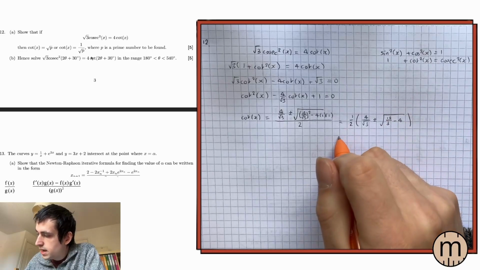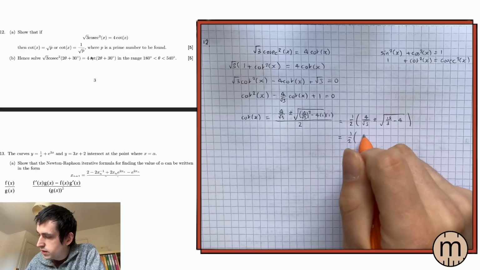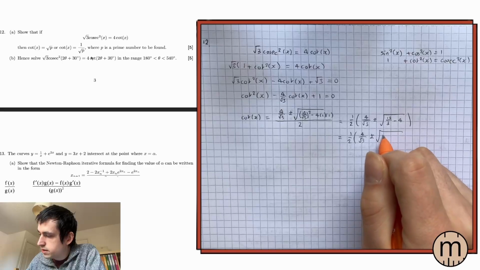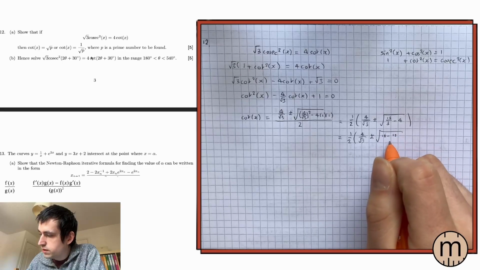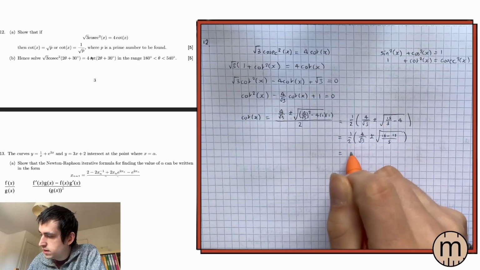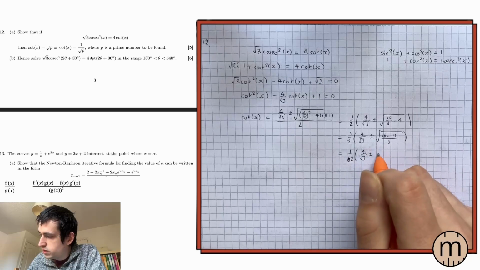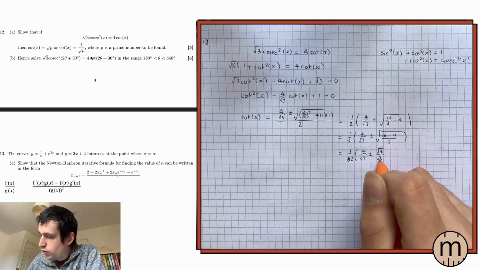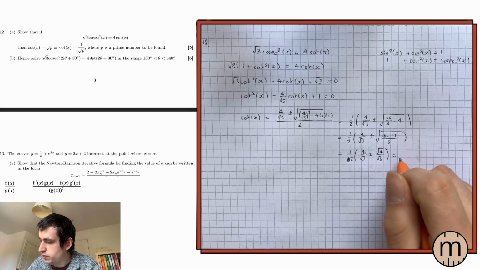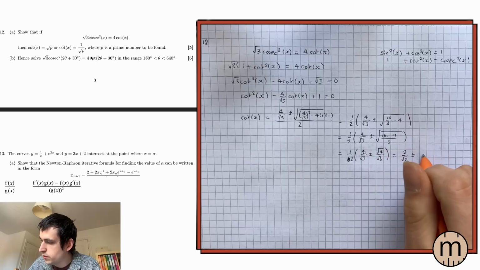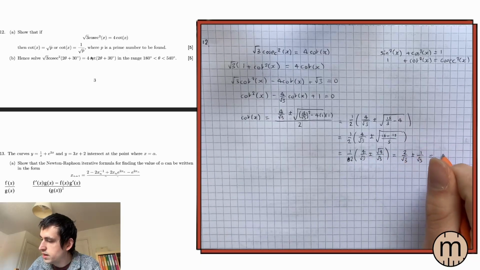That's 16 minus 12 over 3, which is the same as half times 4 over root 3 plus or minus root 4 over root 3. But we know that root 4 is just 2, so that's 2 over root 3 plus or minus 1 over root 3.